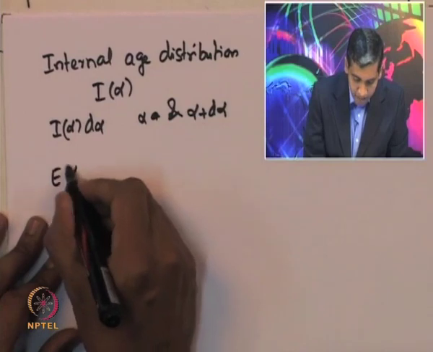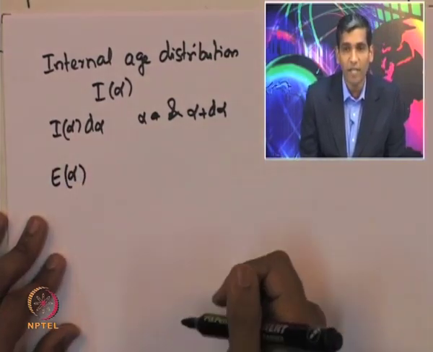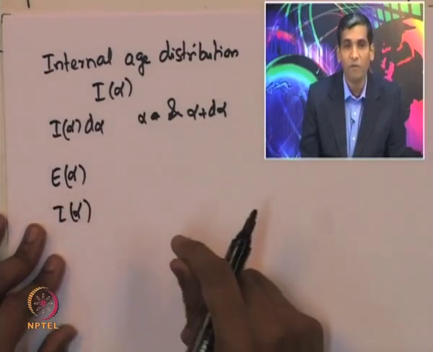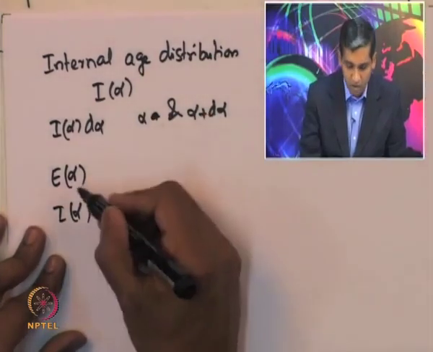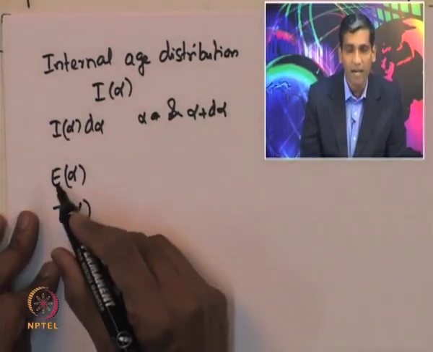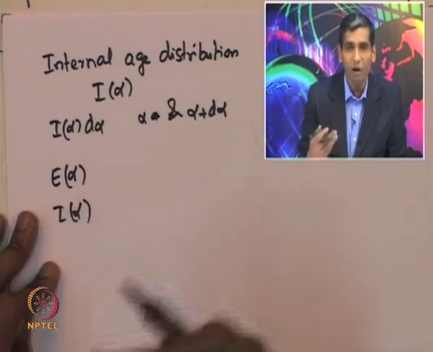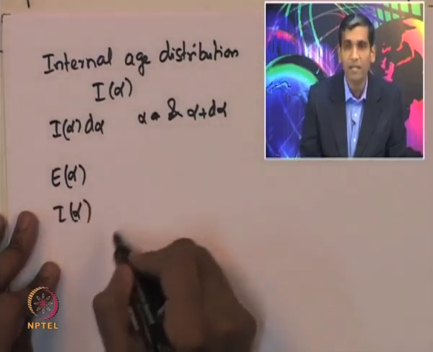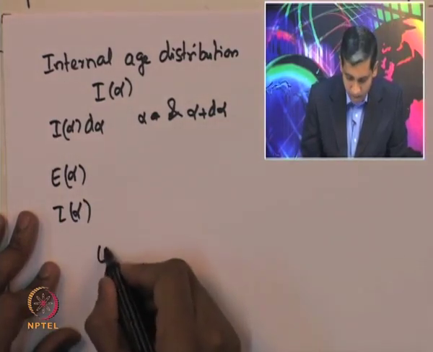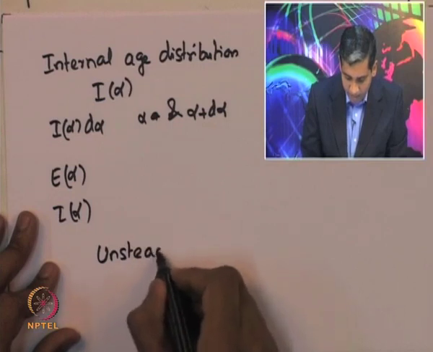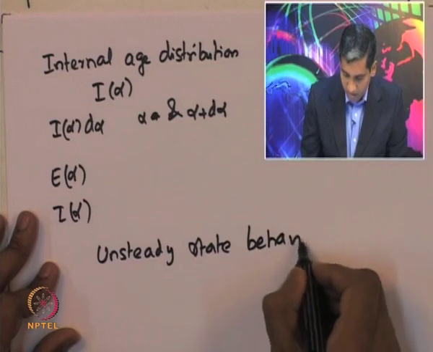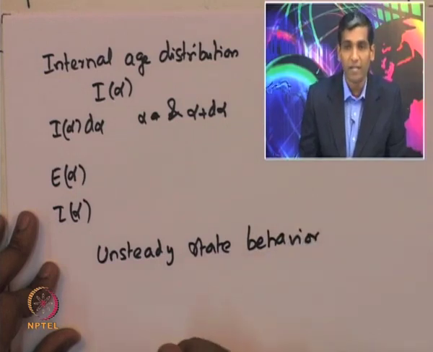So, E alpha essentially represents the age of the fluid that is leaving the reactor, and I alpha represents the age of the fluid that is present inside the reactor. These two have their own utility, and particularly the internal age of the fluid elements present inside the reactor has significant importance when one wants to study the unsteady state behavior of a particular reactor.